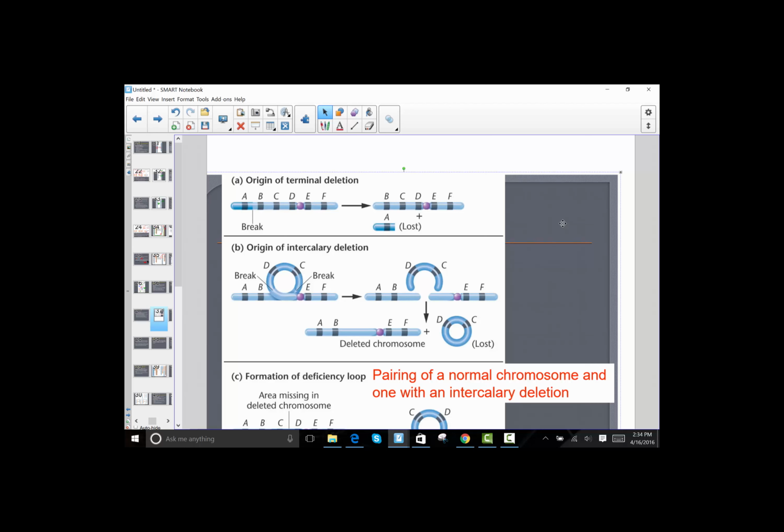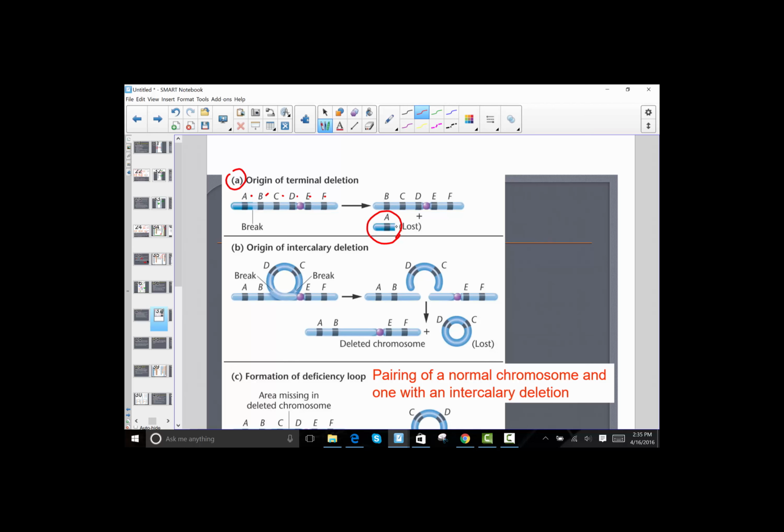The origin of the terminal deletion in this particular one here, so this is A. Notice that we go from A, B, C, D, E, and F, and we've lost A. So this whole section is now gone.